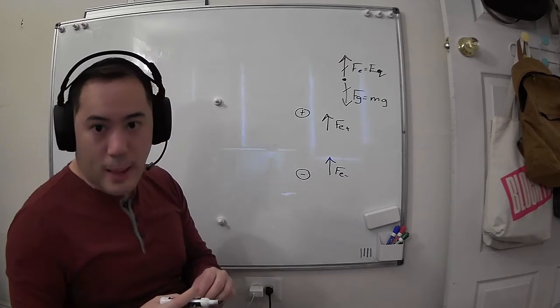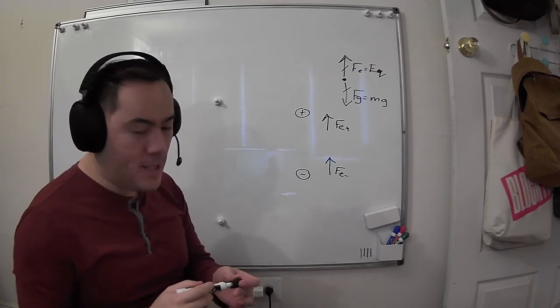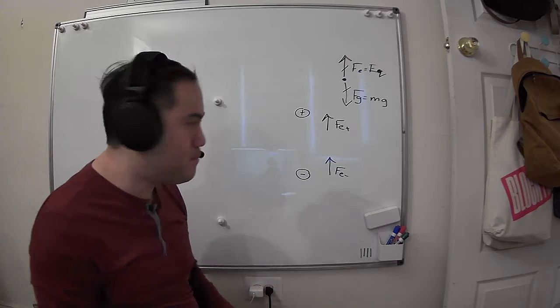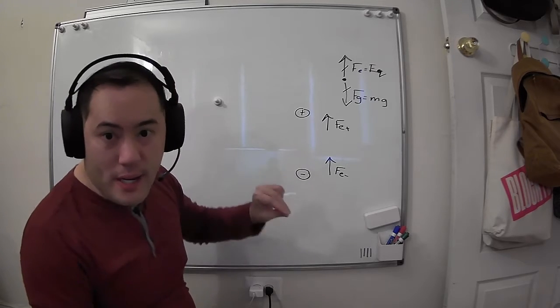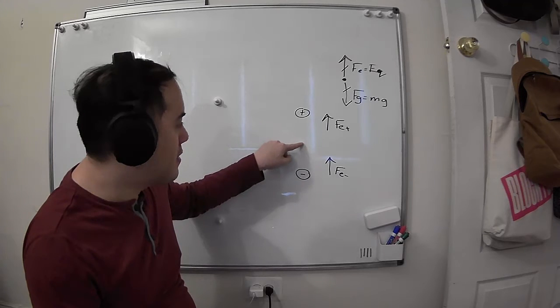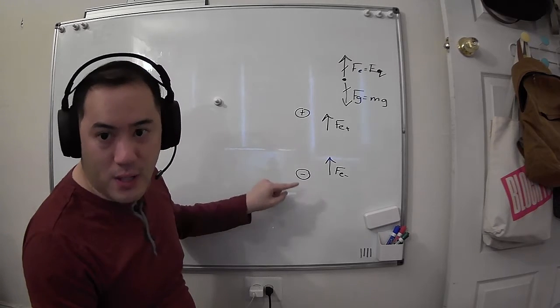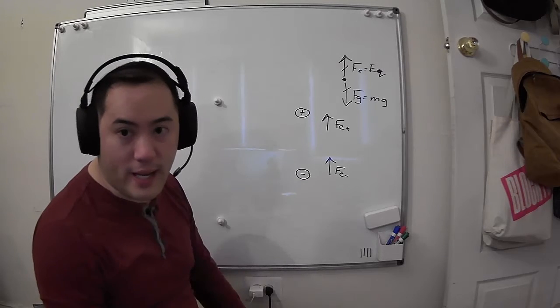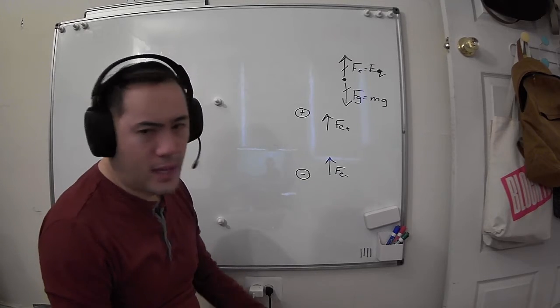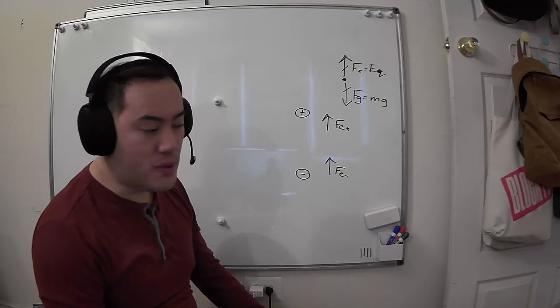So let's just quickly review what electric field is. If I put a negative charge right here, it'll be attracted upward by the positive and also repelled upward by the negative. And if it were a positive charge, those would both be reversed.